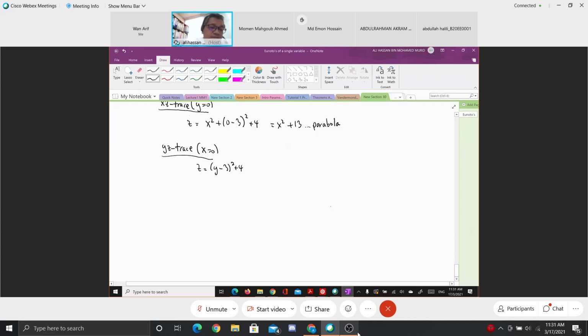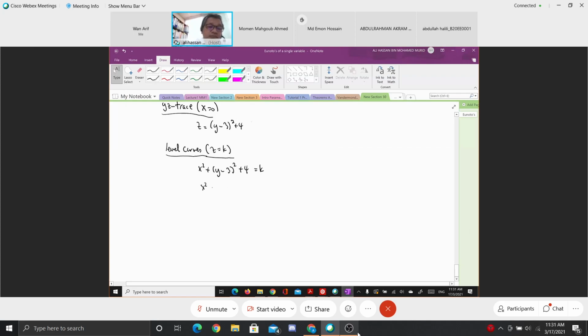Okay, what about the level curves? When we look at the level curves, z equal to k. Then we have x squared plus (y minus 3) squared plus 4 equal to k, right? And this can be written as x squared plus (y minus 3) squared equal to k minus 4. So this is an equation of a circle, centered at (0, 3).